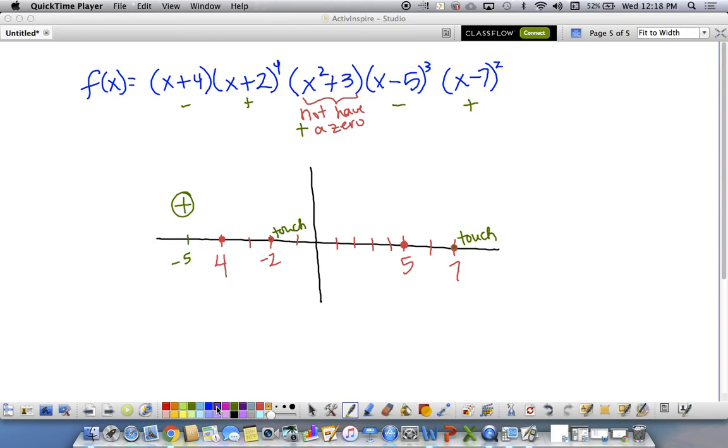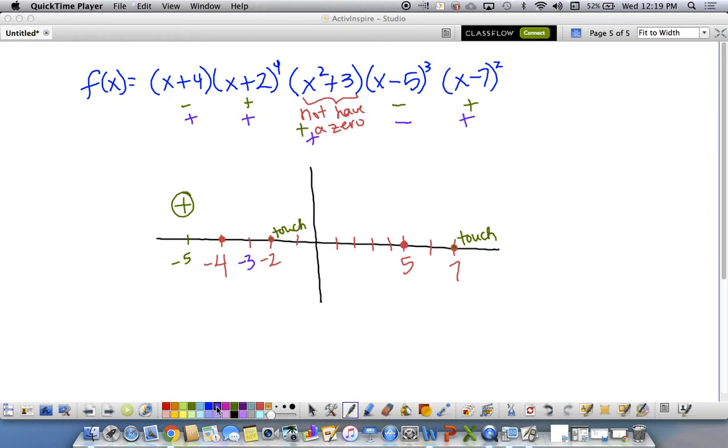If I plug in negative 3, oh gosh, see what I did? It's a negative 4 there. So if I plug in a negative 3, negative 3 plus 4 is going to be a positive. No matter what, that's a positive. No matter what, that's a positive. Negative 3 minus 5, still going to be a negative. Negative cubed is negative. Doesn't matter what this one is, it's always going to be positive because it's squared.